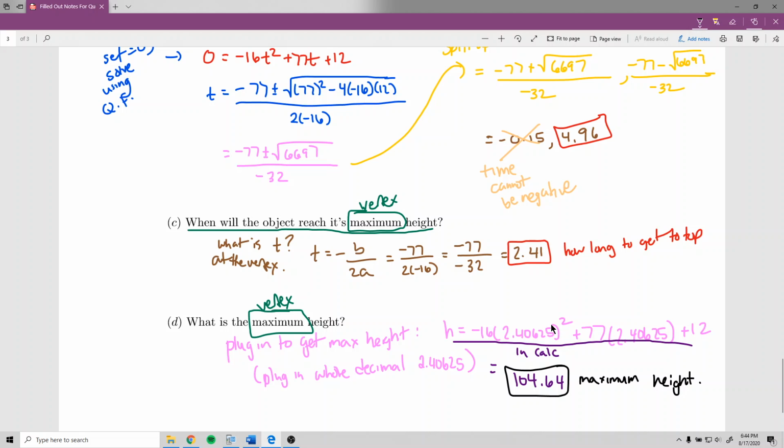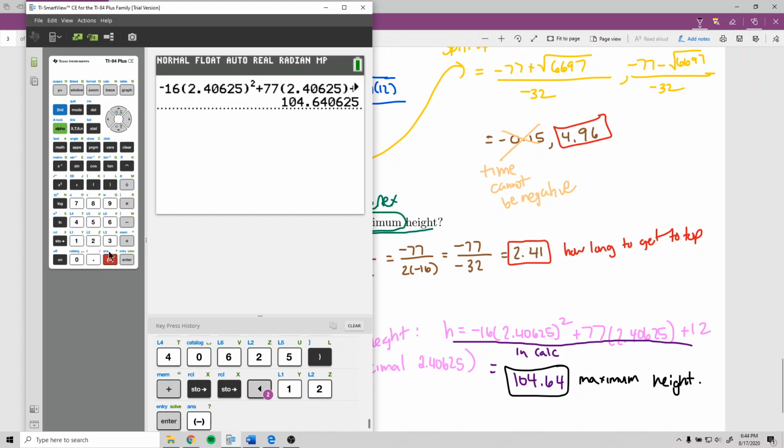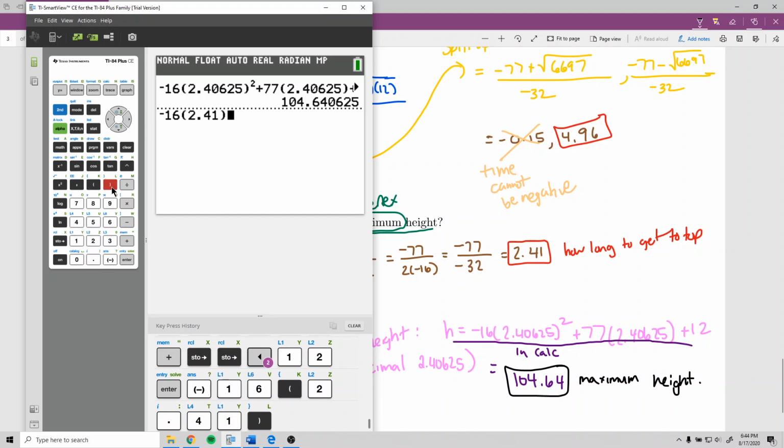But that's all there is to it. If you use the 2.41, the only problem is you run the risk of rounding before your final answer for this part. I'm not saying it would end up being wrong. We can actually even check, but mine might work out here and yours might not.